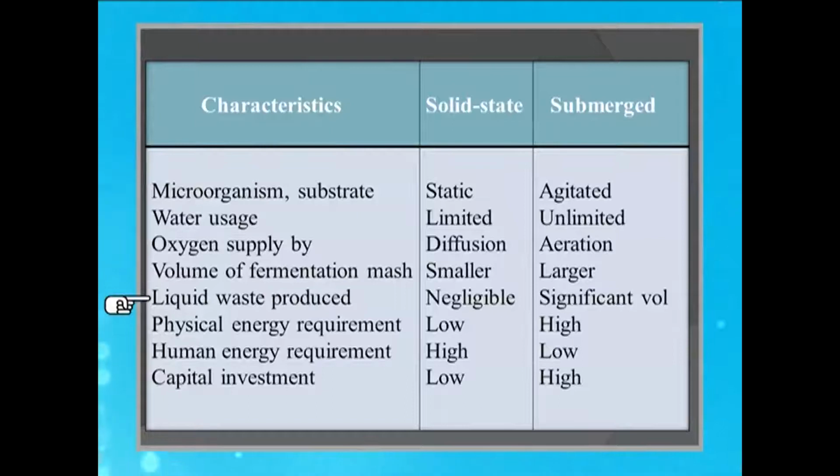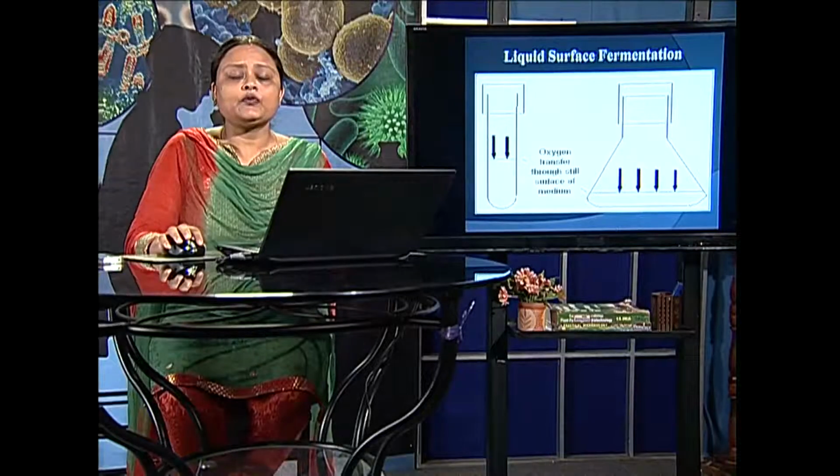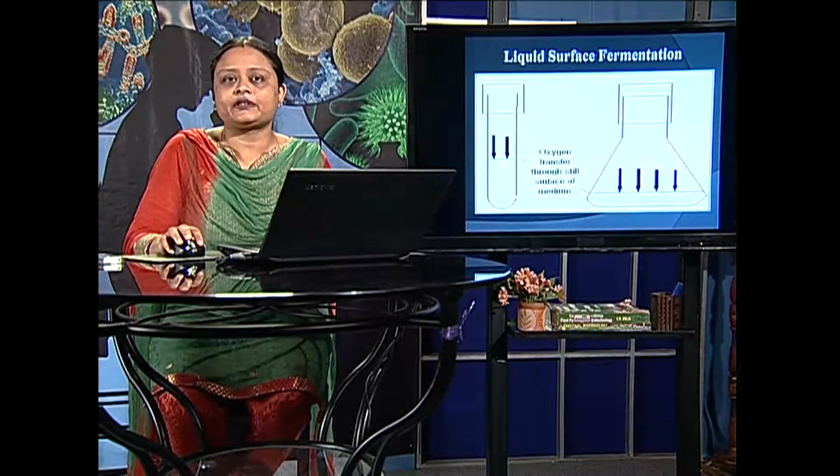Liquid waste is less in solid state, more in submerged. Physical energy is required less in case of solid state, while human energy is high. Capital investment, in an industrial sense, is very low in case of solid state while quite high in the submerged. Now we will be looking into the liquid surface fermentation.